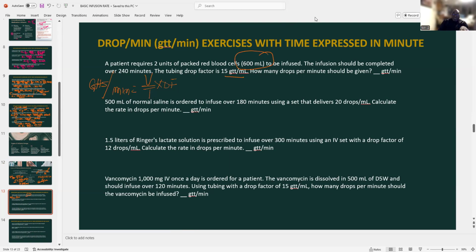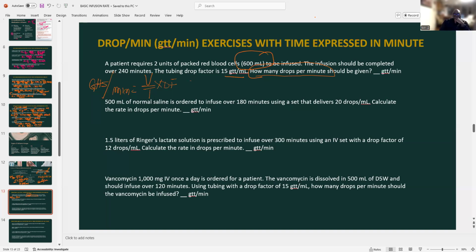They will tell you what you are solving for. Like here, the question is how many drops per minute? Drops per minute, this is the formula: volume times drop factor divided by time. Your time must be in minutes.